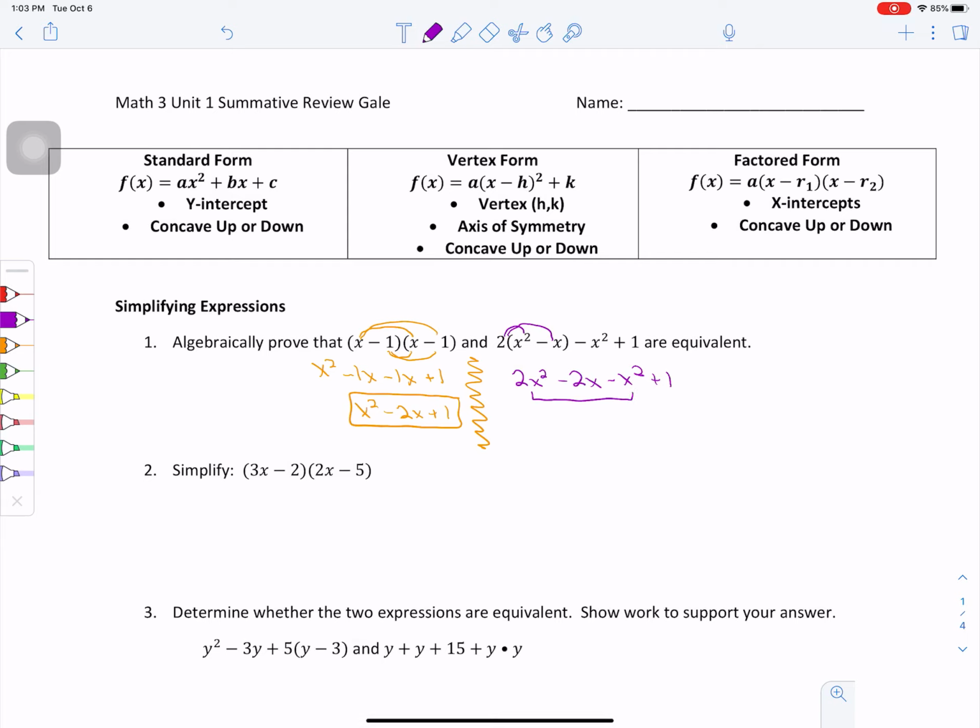So I have 2x squared minus x squared, which is 1x squared, minus 2x plus 1. As you can see, everything that is in this parenthesis matches everything that is in this parenthesis. Therefore, the answer would be yes.